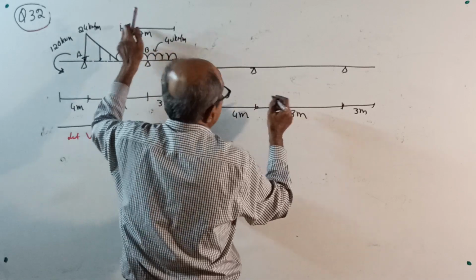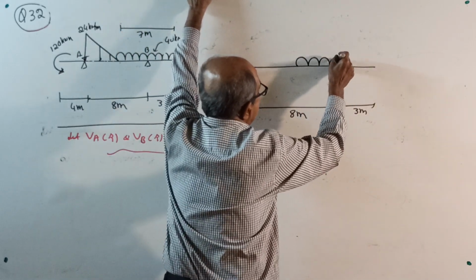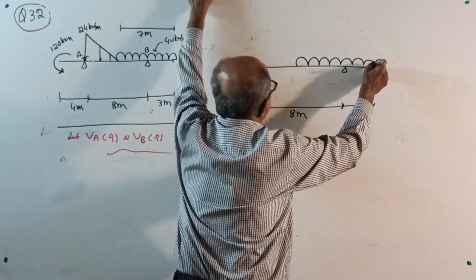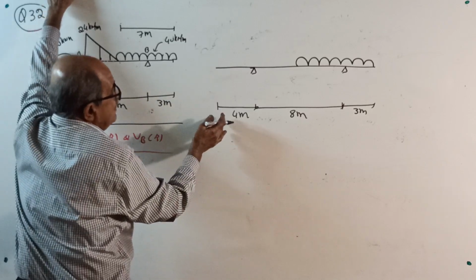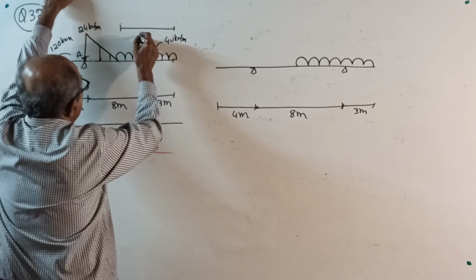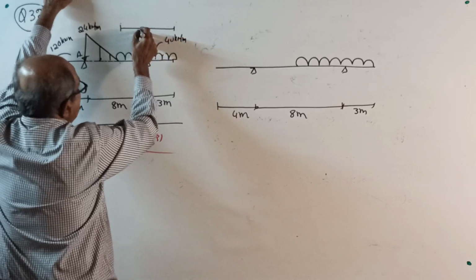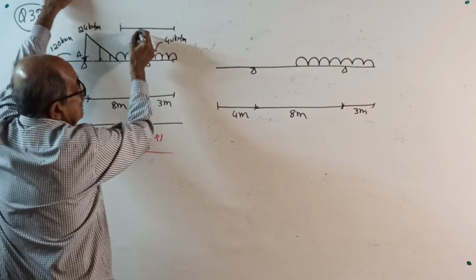This side total length is 7 meter. See, somewhere it will come here. Not 7 meter, you make it not 7. If it is 7, it comes once again 4. Okay, everybody, this is 7 meter. This is 6 meter, means it will come 2 meter.